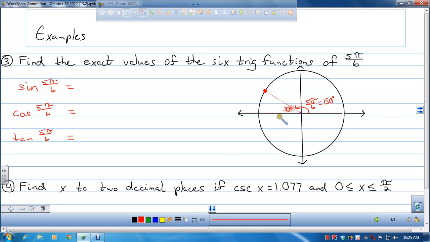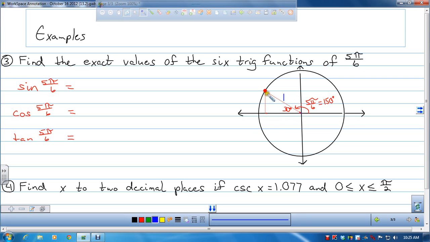So 30 degrees. Okay. So now I can start thinking about, hey, I can find the value of this point right up here. Because I know one thing. I know that the radius of this unit circle is what? What did we say that radius was? We said that it is 1, right?